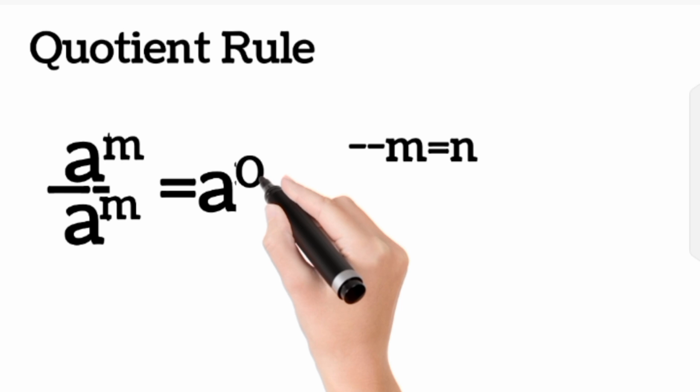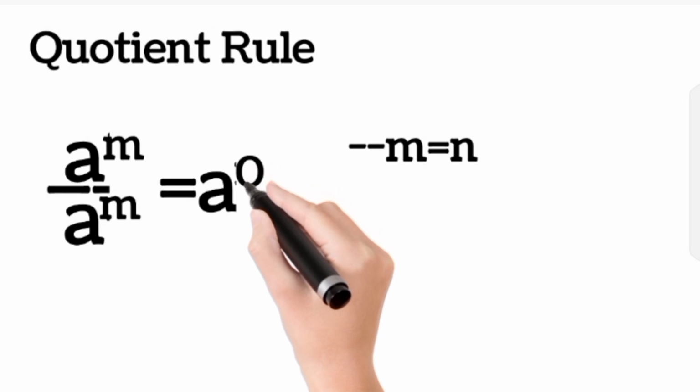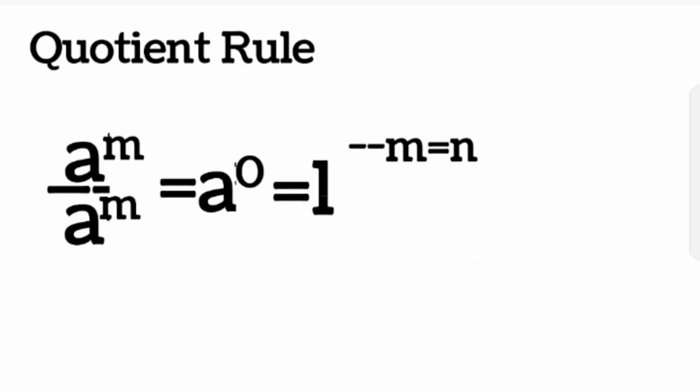And if you look at the left side, a to the power m divided by a to the power m is the same base, the same power, the same number, which equals 1. That's the explanation why a to the power 0, or any number raised to the power 0, equals 1, because it is a number divided by itself, which equals 1.